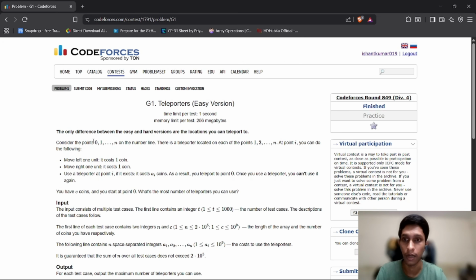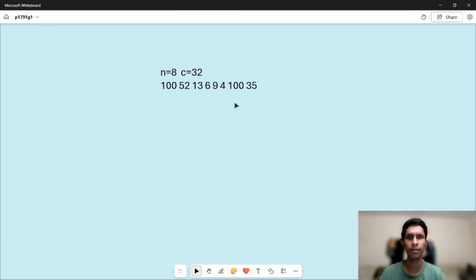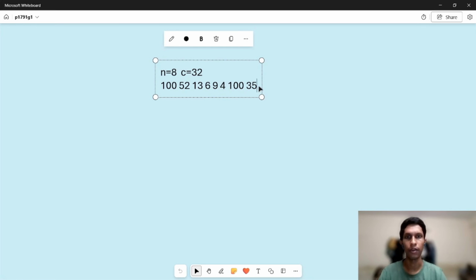The number line will be considered from 0 all the way to n, but the doors are located from 1, so the indexing of the doors starts from 1 all the way to n. What that means is that we are given some doors here, and since the indexing starts from 1, we'll index this as mentioned in the problem.